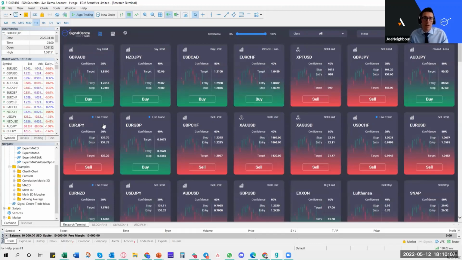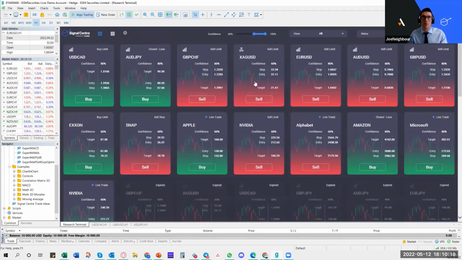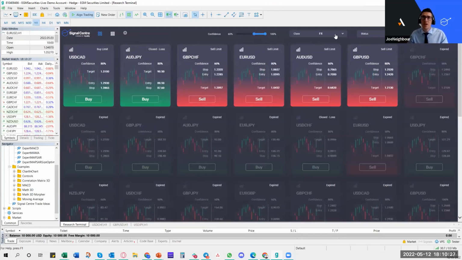So there's various ways of being able to filter out these ideas. If you want to try and focus on maybe the higher conviction opportunities or the ideas with higher confidence, then we have this scroller at the top, which you can slide along to suit the confidence scores that you're most interested in. You can also break that down into specific asset classes. If you're only interested in FX, let's say, then it's quite easy to filter out all the other ideas that may not be relevant to you.